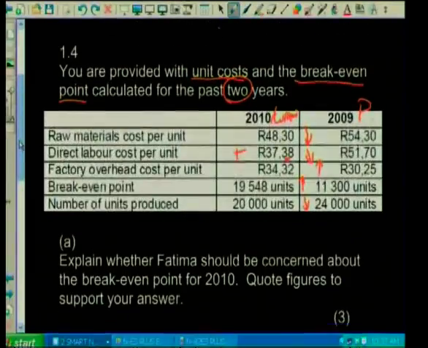Right, guys, I mentioned right at the beginning that I'm going to explain break-even point when we get to the actual question. Let's now take some time to recap on break-even. Remember, at the point of break-even, the business is not making a profit, nor are they making a loss. They are breaking even.